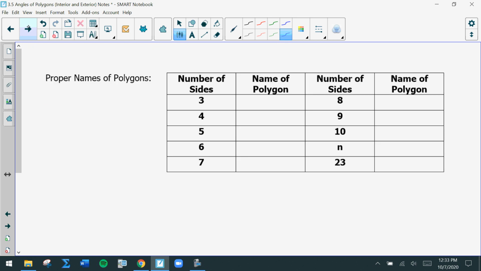What I want us to do is pause, and I want you to give me the proper names of these polygons. For example, the first polygon is a triangle. I want you to pause and fill in the rest. So we have a four-sided figure, which is a quadrilateral.